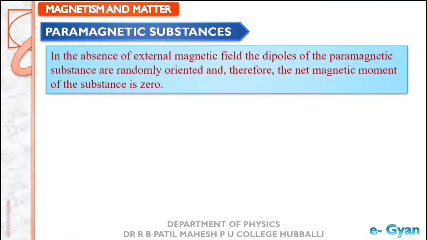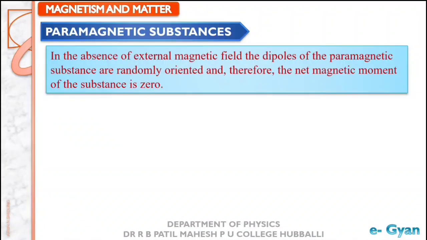In the absence of an external magnetic field, the dipoles of a paramagnetic substance are randomly oriented. If we sum up their dipole moments, we end up with a net moment of 0.